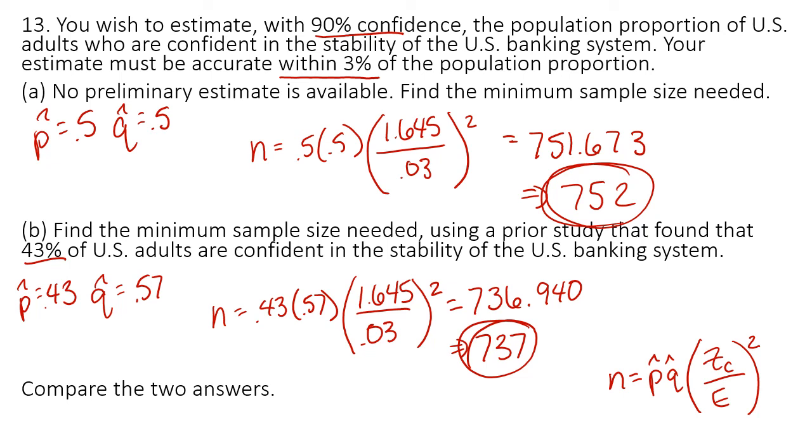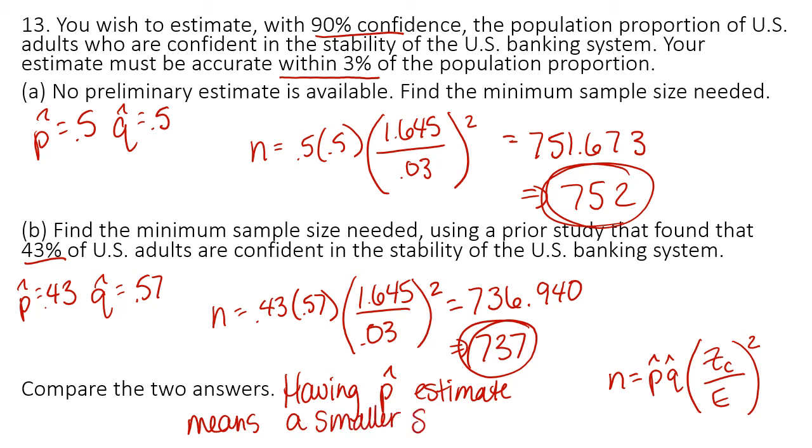So when we have an estimate, we don't need to have as big of a sample as when we don't have an estimate. So having a p-hat estimate means a smaller sample is needed, because we're still going to be able to have the same confidence interval within the same margin of error in both of these scenarios.